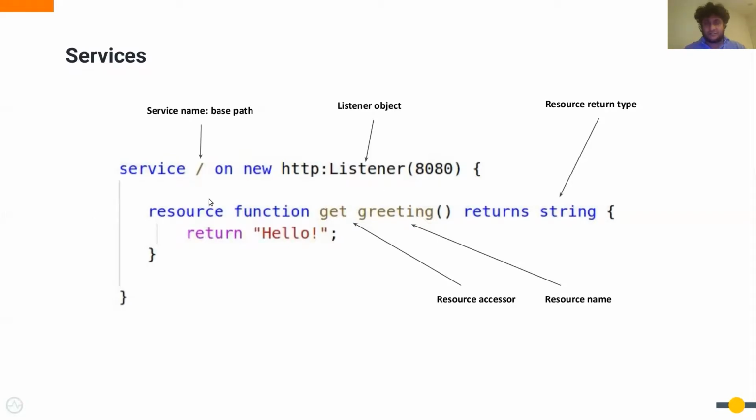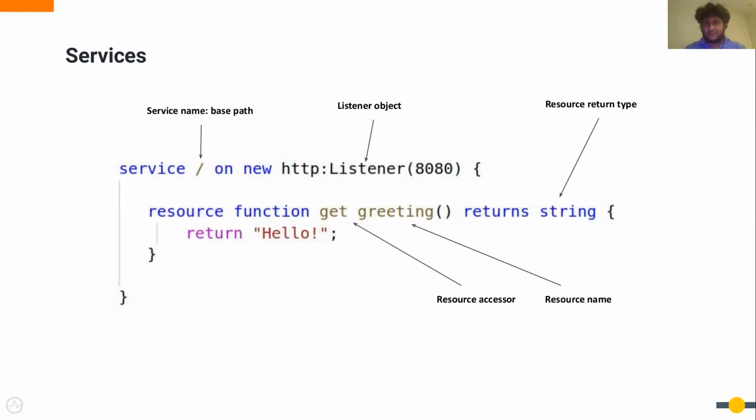Then its resources, formats, and other behavior depend on the HTTP service's way of doing things. When it's bound to an HTTP listener, we can have these resource functions, and in different types of services, for example in gRPC, we have remote functions as well, to have RPC style functions.